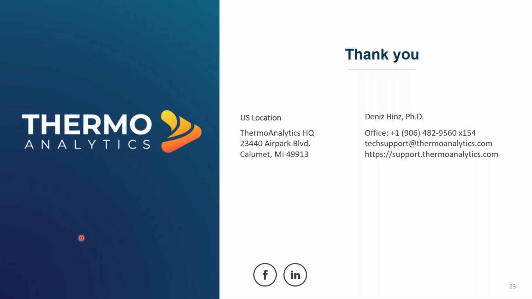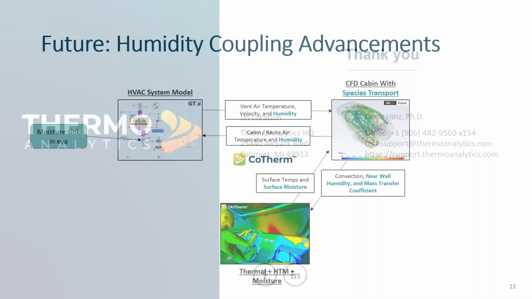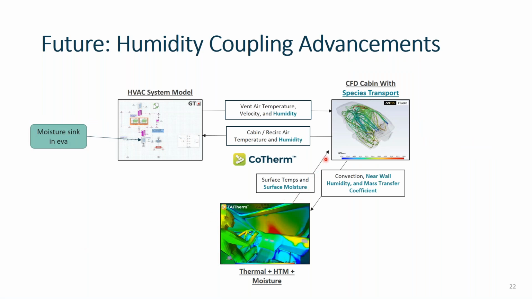That's a good question. Yeah, I think you could introduce some moisture content to the clothes. In the workflow that I presented, I'll go back a slide, we aren't coupling the surface moisture with our air directly between TAITherm and GT.